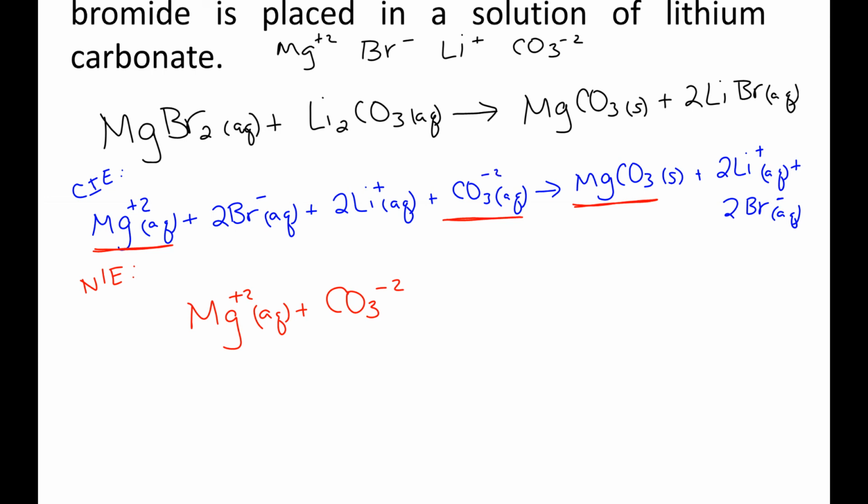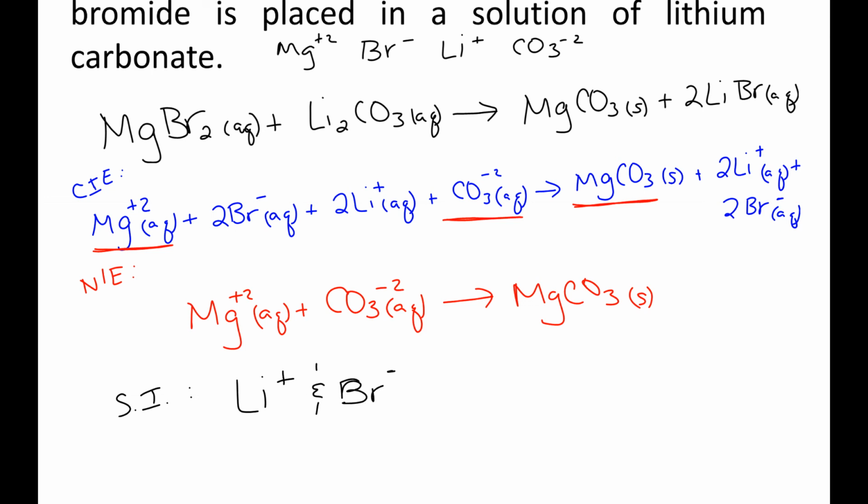Aq gives you MgCO3 solid. Okay? So that's my net ionic equation. And my spectator ions, and I just like to write SI, are lithium and bromine. Well, bromide. There you go. That's it. So hopefully you guys get this.